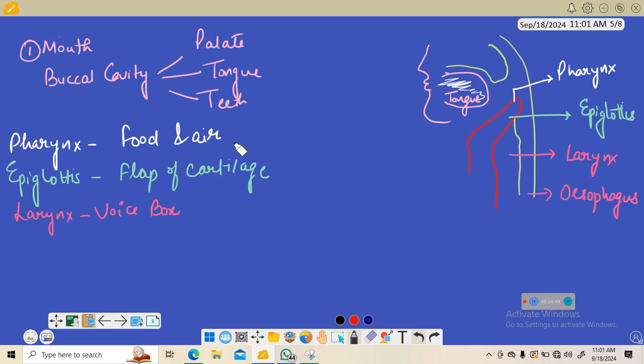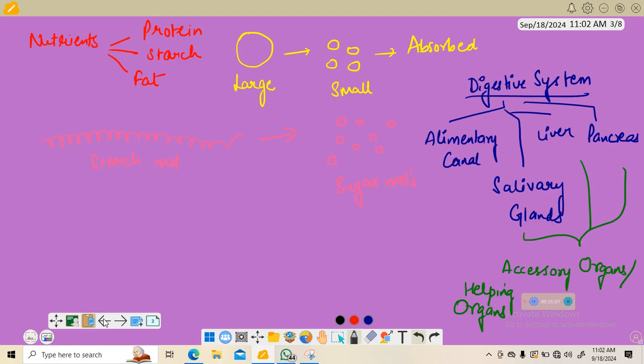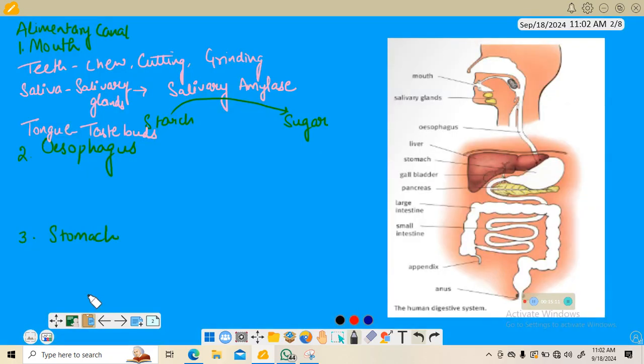The pharynx is basically located behind the mouth and nasal cavity. Nasal cavity means nose. So this covers the mouth. The question comes from where digestion starts. Many students will say from the stomach or from the esophagus. It's the mouth.